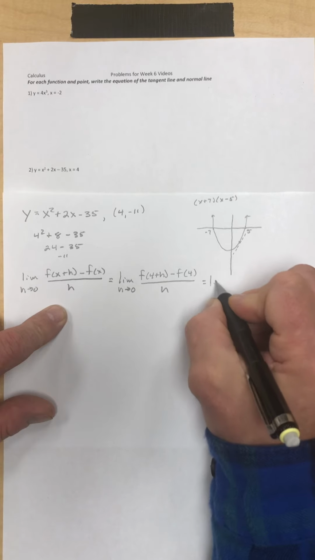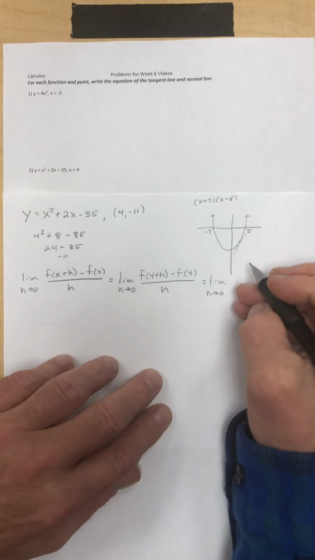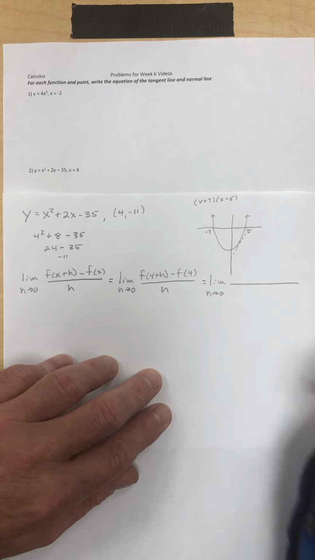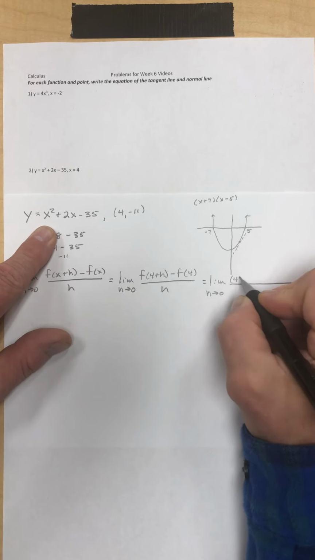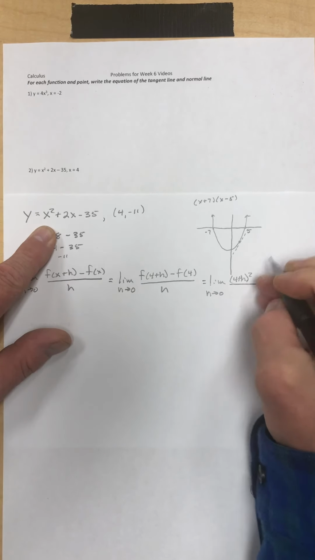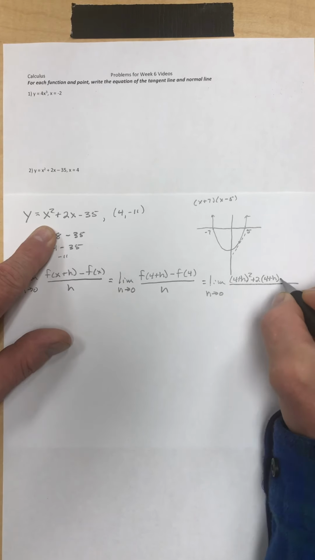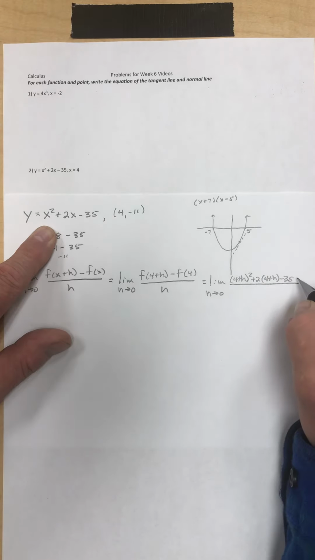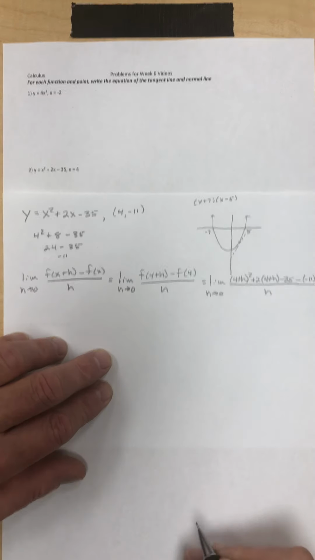So 4 plus h goes in here, so it's going to be 4 plus h squared plus 2 times 4 plus h minus 35, and then minus f of x, which is negative 11, all over h.